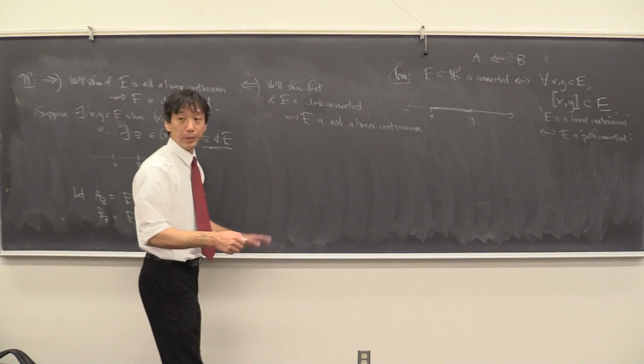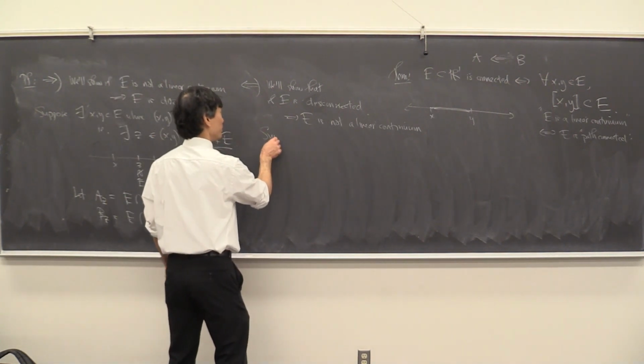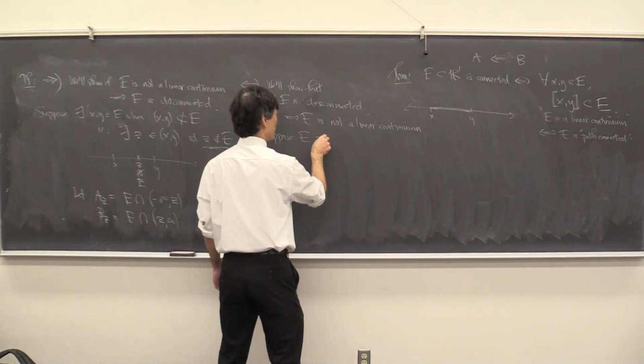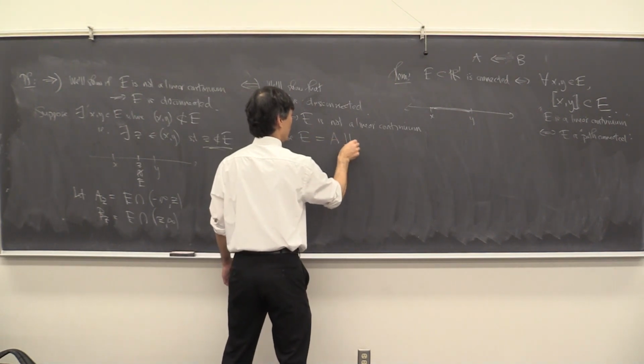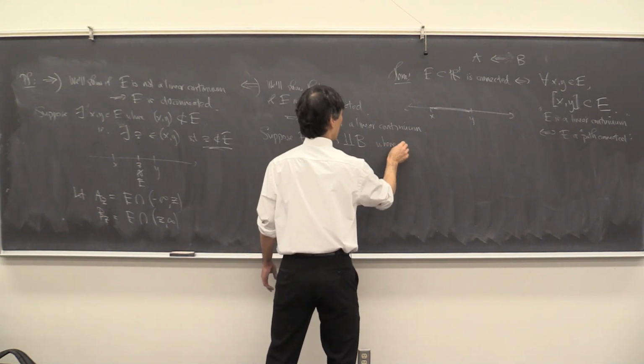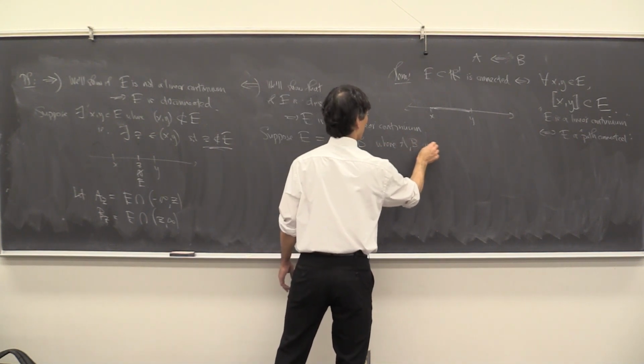Okay, so here's how we're going to do it. We say, suppose, as usual, suppose E is disconnected. So suppose E is the union of two sets, A and B, which are separated.